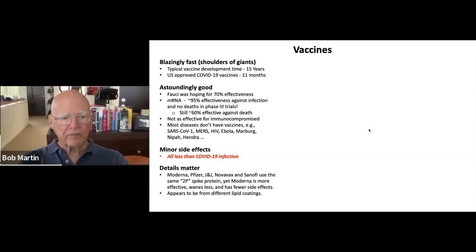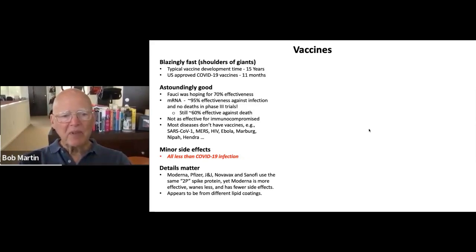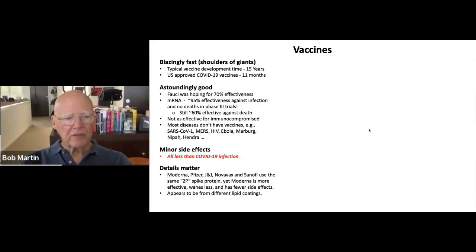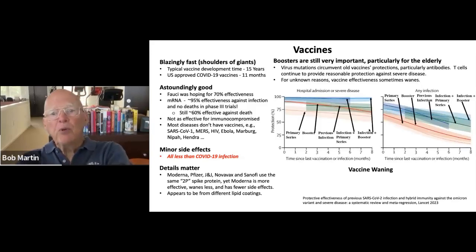Details matter. Just one little change in the lipid coatings has made Moderna more effective in every issue. They always wane less, has fewer side effects. Boosters are still very, very important.